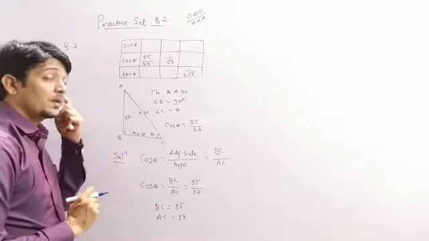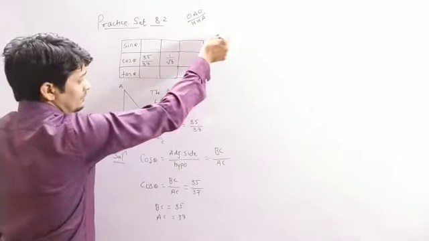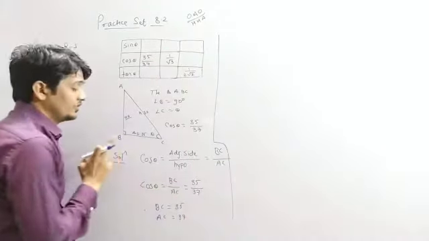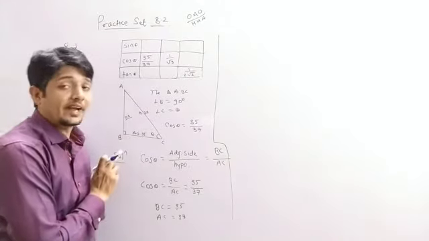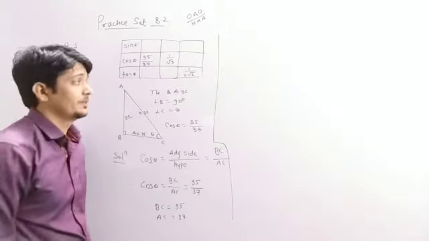So we have to apply the Pythagoras theorem. You know what the Pythagoras theorem is? The Pythagoras theorem is also applied only on a right angled triangle. That's why trigonometry is directly related with the Pythagoras theorem.